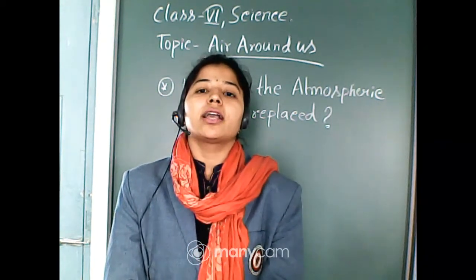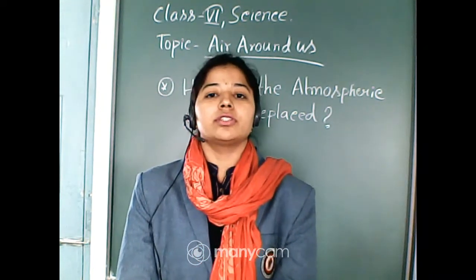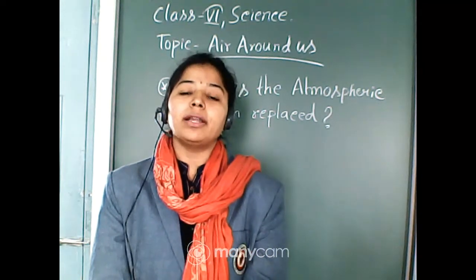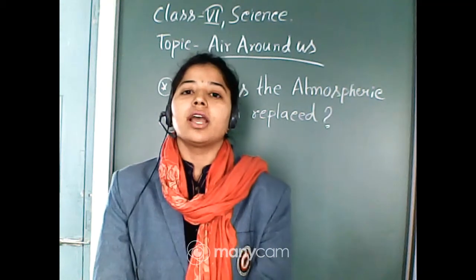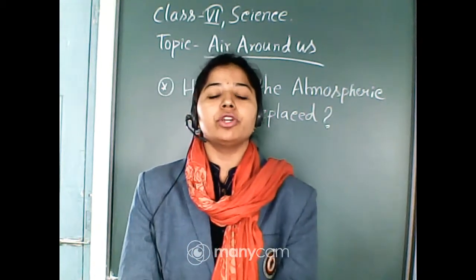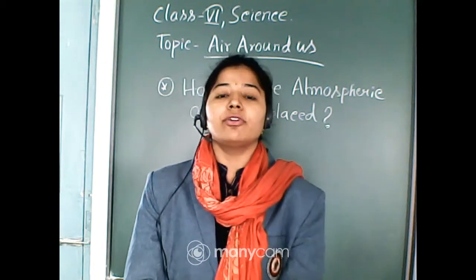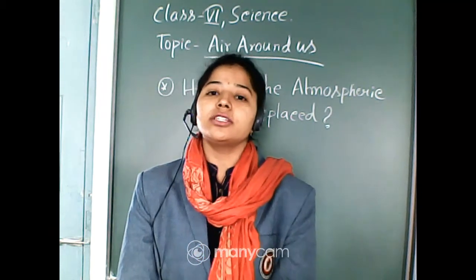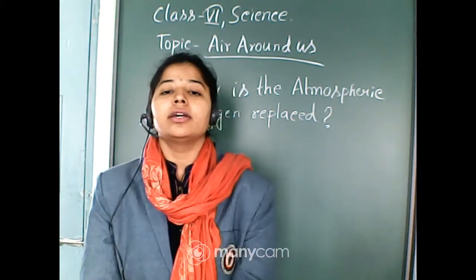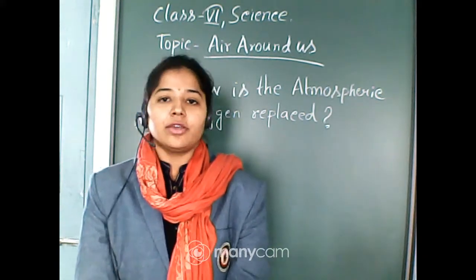They take carbon dioxide during photosynthesis, but they also utilize oxygen during their respiration. But the amount of oxygen produced during photosynthesis is more than the oxygen utilized during respiration. I hope you understood this.